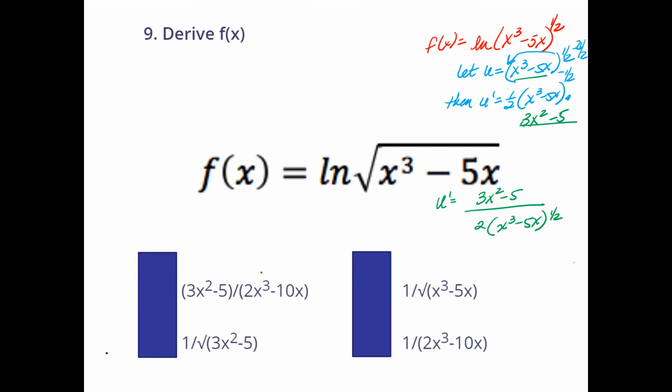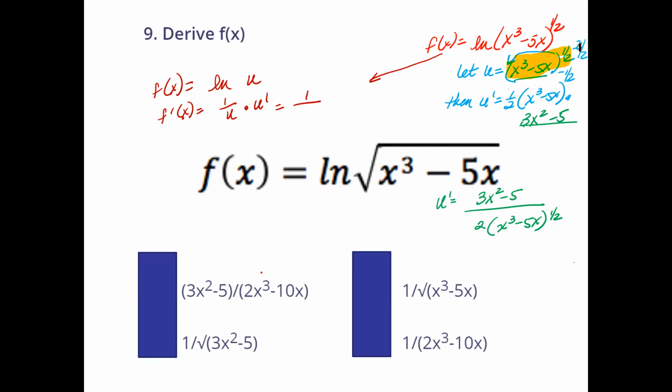So I'm going to go ahead and rewrite the f of x. So I have f of x is equal to ln u. So then f prime of x is going to be 1 over u times u prime. So let's convert everything back. 1 over u is 1 over, and again, I should have used a different color because remember, this is u.